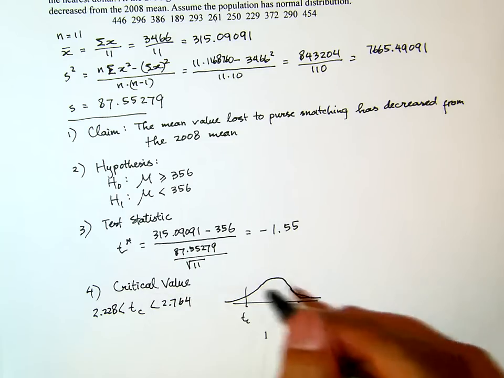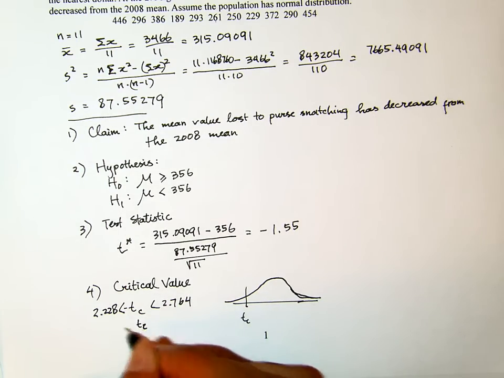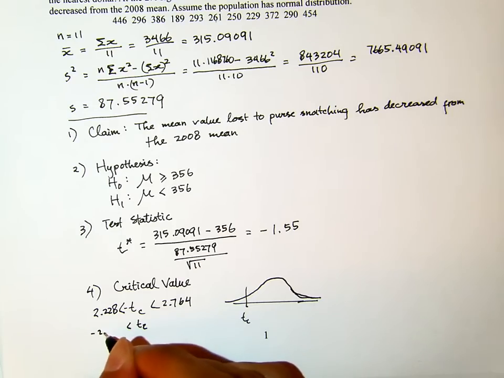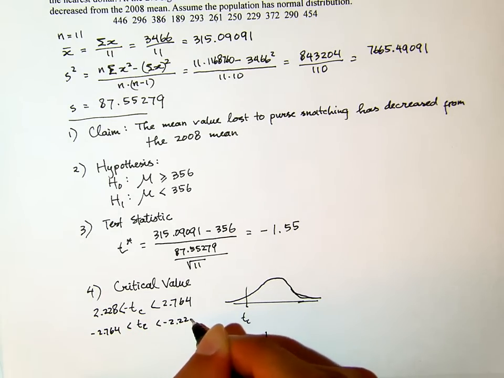Oh, I'm sorry, I need to do it in negative. So the t critical will be between negative 2.764 and negative 2.228.